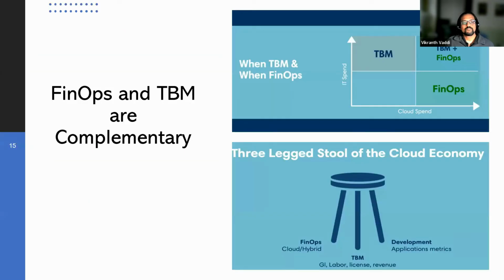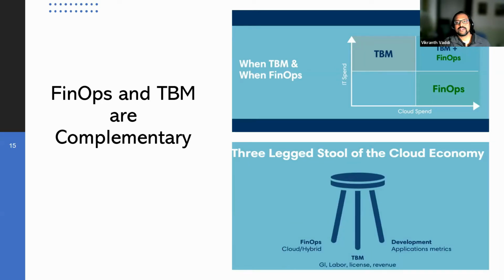Last slide. What I would like to finish off today's call with is, if you look at TBM and FinOps, two completely different solutions. If you have questions about when should I use what, the recommended approach is where the IT spend is heavy but there's not much of a cloud spend, TBM can satisfy most of its needs.